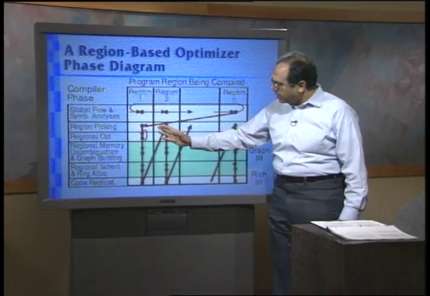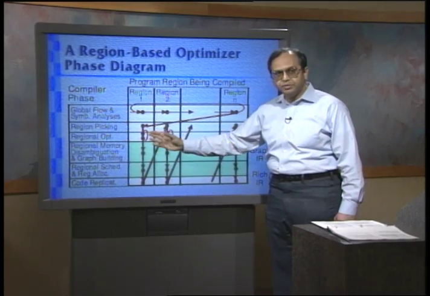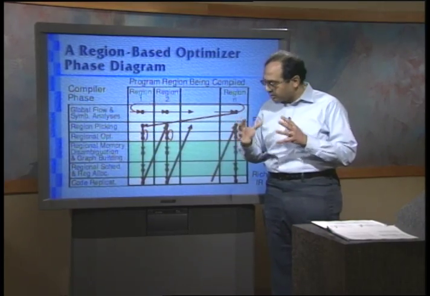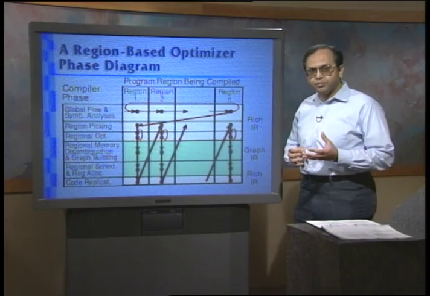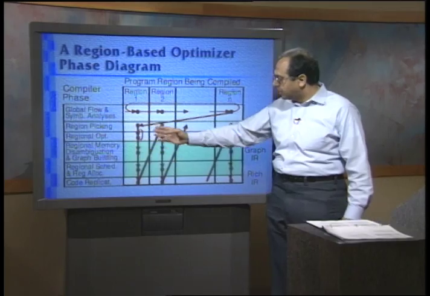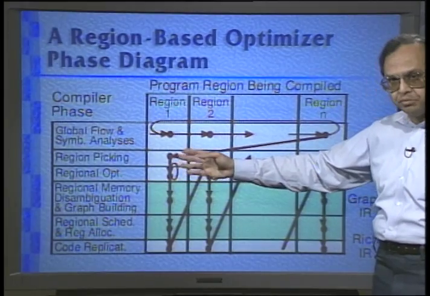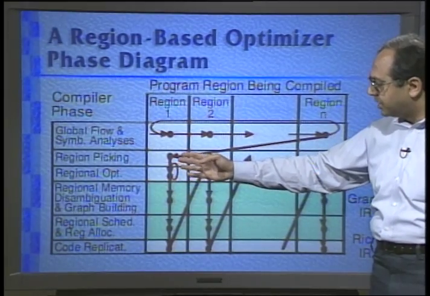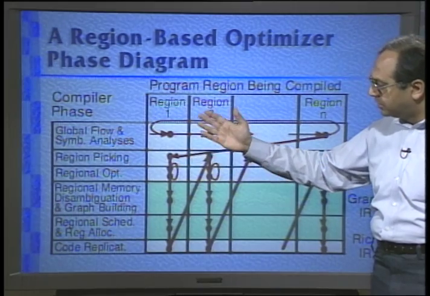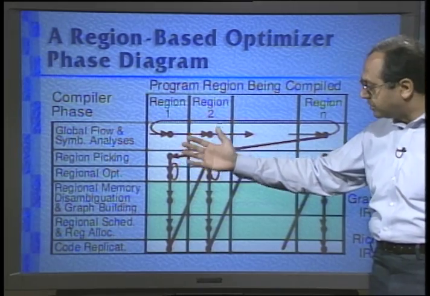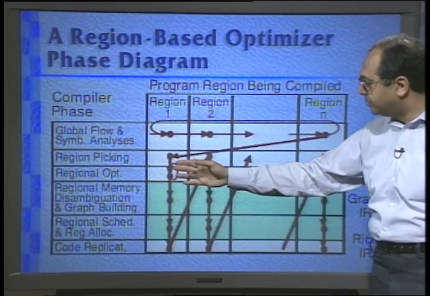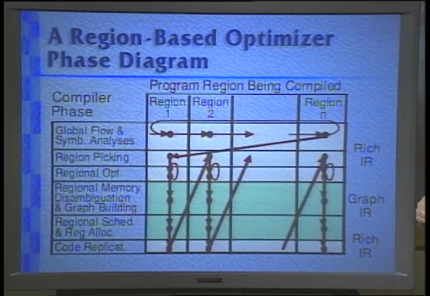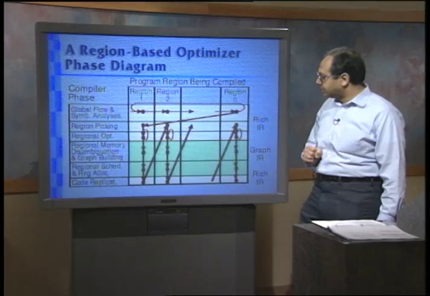However, even though we can try and do the optimization in a manner that is constrained to operate only within the region, the analysis that supports it has to go beyond the region. For instance, whether a particular variable is live is not a question that can be answered by just looking within the region. You might have to trace it out across the entire program unit to see whether there's another use of that particular result.